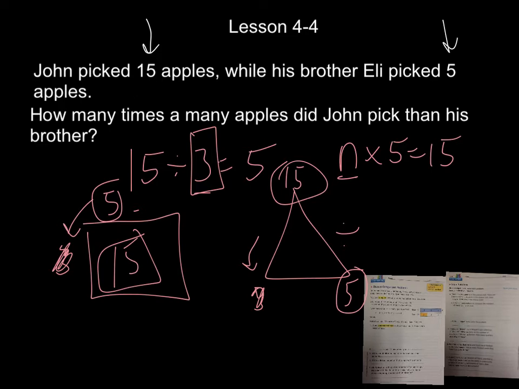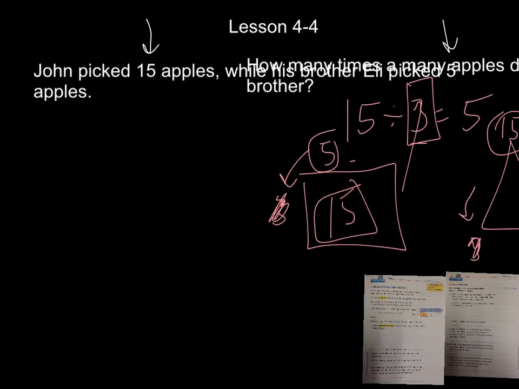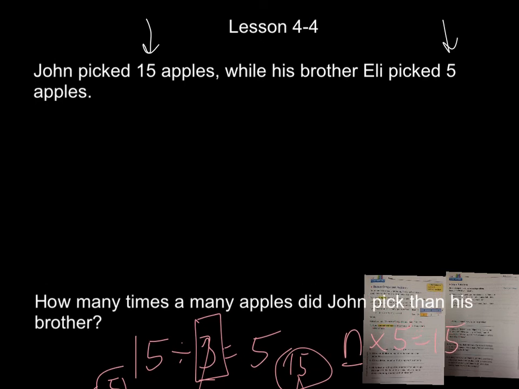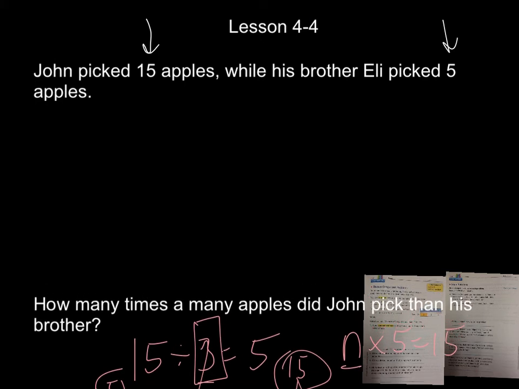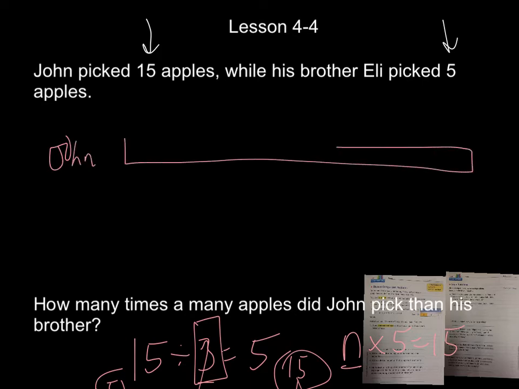So you can also look at a comparison bar. We have never used a comparison bar in here, but a comparison bar is shown like this. So if this is John, and he has 1, 2, 3, 4, 5.